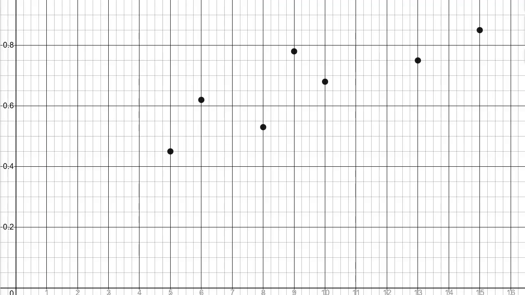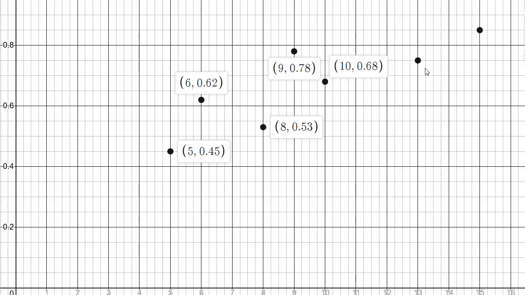So here are my scatter points right here. Remember, right from the beginning, we treat each pair of values as one coordinate point. So when the x value equals 5, we got a corresponding y value of 0.45. So it's right about here.